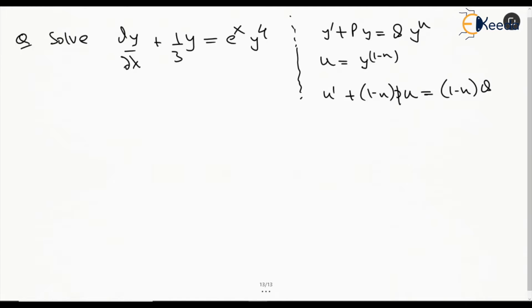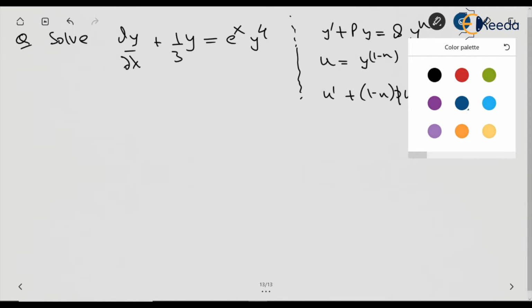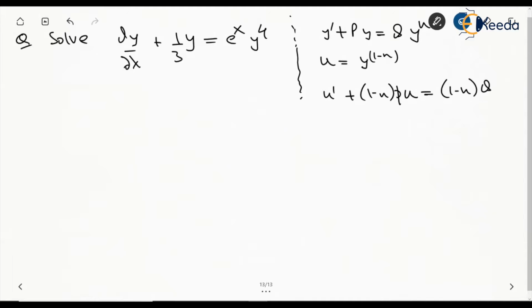So in this case, you'll see that n is equal to 4 here, and we can say let u is equal to y to the power of 1 minus 4, which will be minus 3.